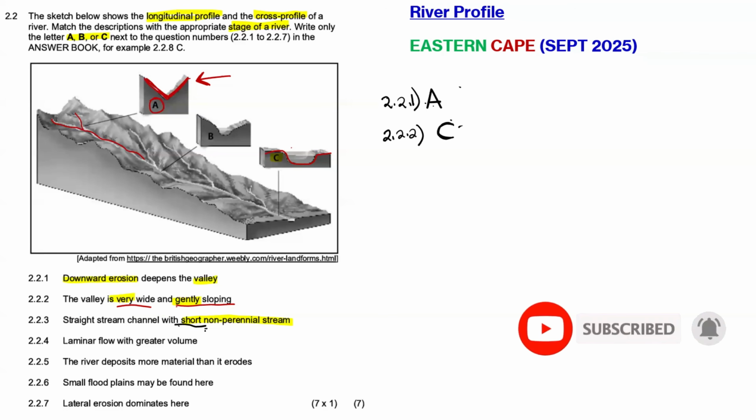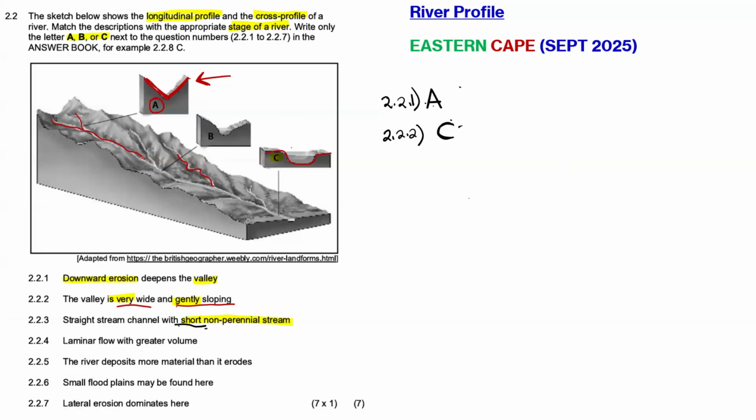All right. I think you guys can all see that it is A there, right? So the upper course is the one that is having straight streams. It cannot be the lower course, it cannot be the middle course, because remember, someone mentioned that we have meandering. If you can see one of these streams and tributaries, they are meandering.